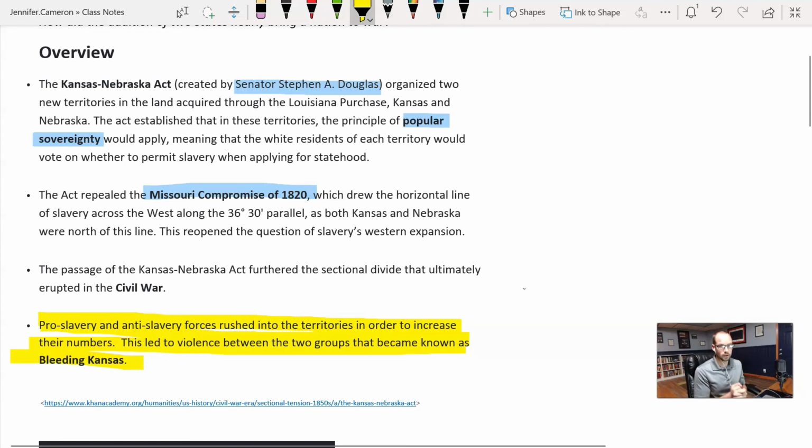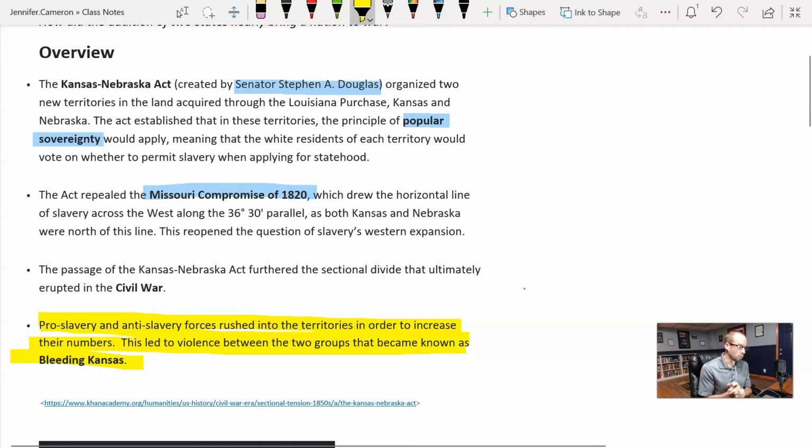Of course, the anti-slavery people are thinking if we get more anti-slavery people into Kansas, we'll have more people, we'll win the vote, slavery will not be allowed there. But this eventually becomes known as Bleeding Kansas because, as you can imagine, if you have large groups of people in a territory together and they have extremely different views on a very hot issue, violence is going to occur, and this is exactly what happens.